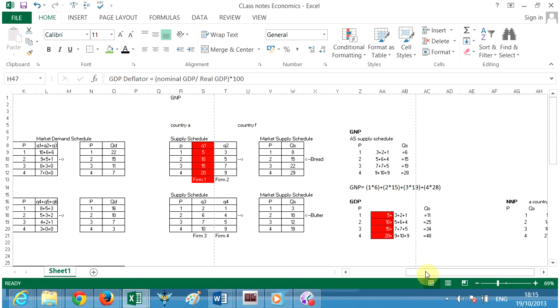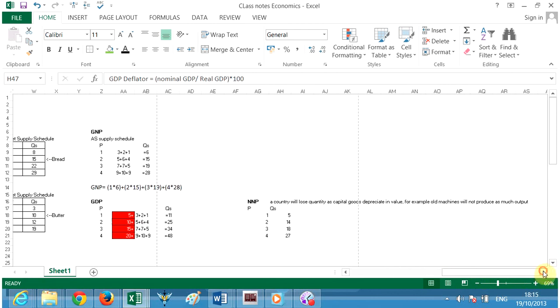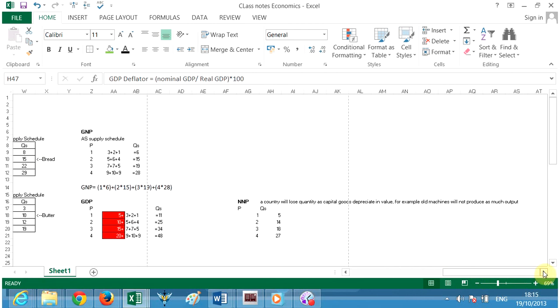And the NNP is about, okay, how much are we producing and how much could we produce if our capital is updated? Because if NNP is dropping, that means our capital is depreciating in value and not producing as much as it should be. Okay, thank you.